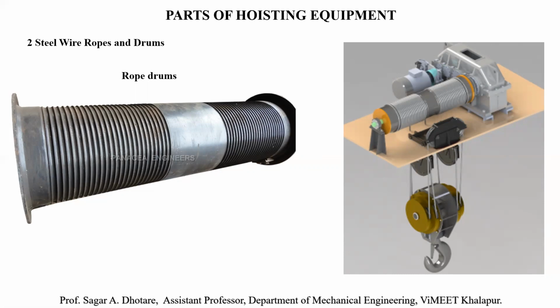With the power drive, the drum should always be provided with helical grooves so that the rope winds up uniformly and is less subjected to wear. The radius of the helical grooves should be selected so as to prevent jamming of the rope.